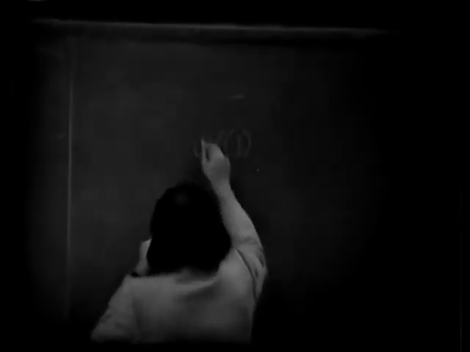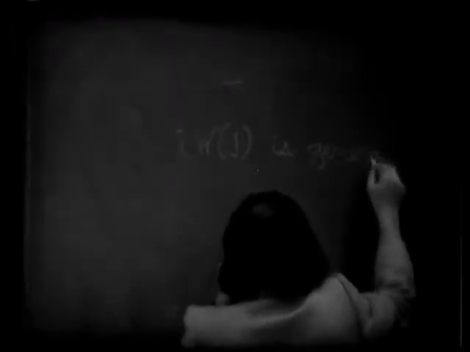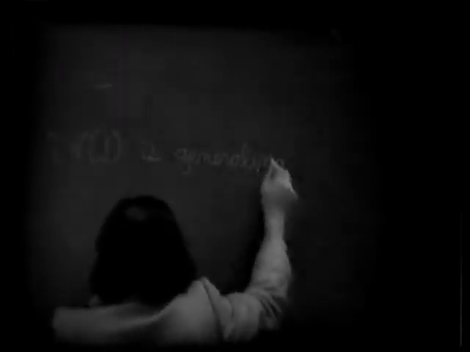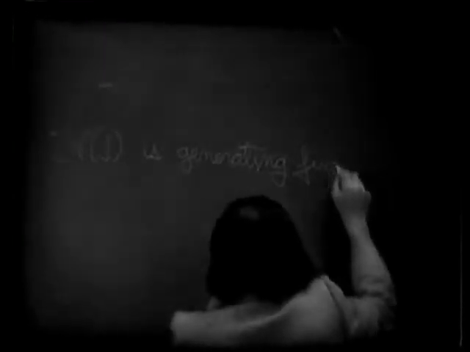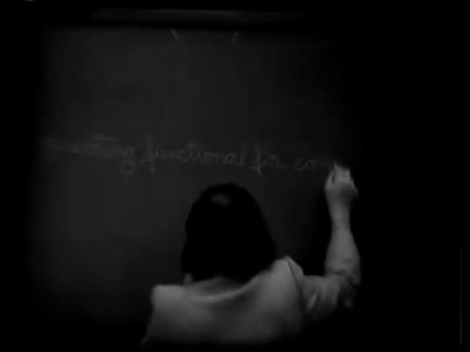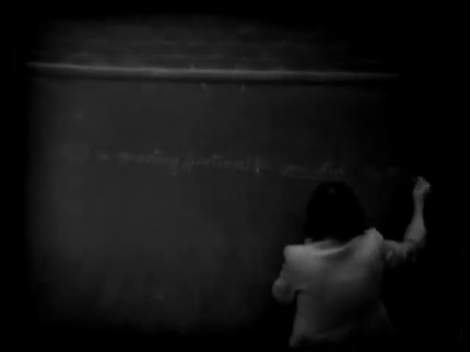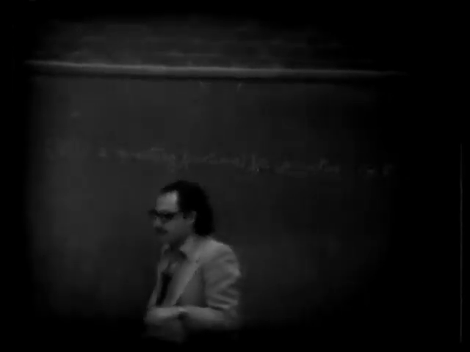W of J, I should say, is the generating functional for connected Green's functions. That's a trivial remark, and one I made in passing in a much earlier lecture when we first introduced Z of J.